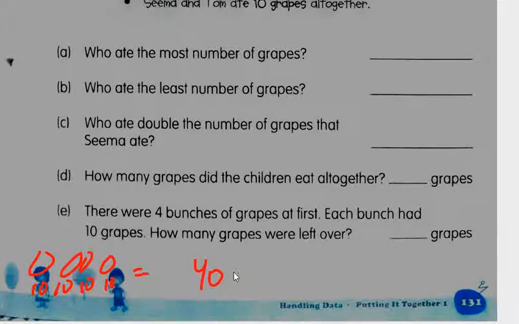So you have to subtract the grapes that were eaten. Put the number of grapes eaten here, because you have already answered that in question D. After subtracting, that will be the answer for question E.